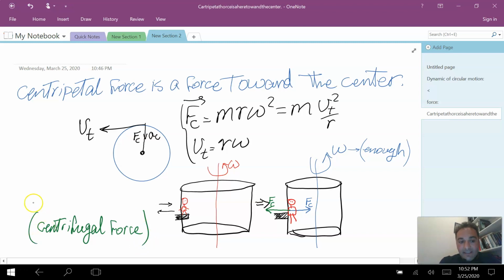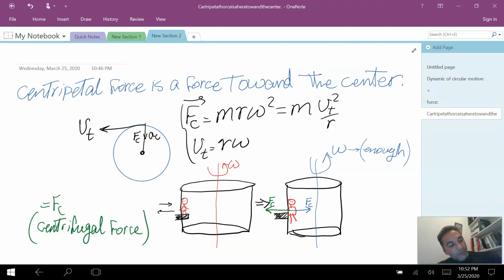Who makes this centripetal force or centrifugal force? Fc. So who makes centrifugal force? Centripetal force. These are equal but opposite of each other.